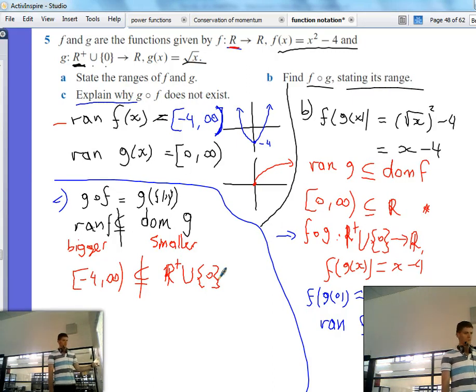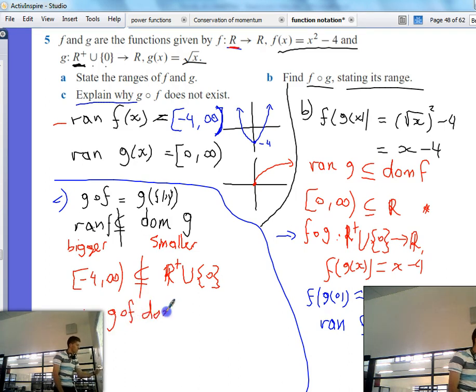There's negative 4 up to 0. That does not fit inside all positive real numbers, including 0. So therefore, g of f does not exist.